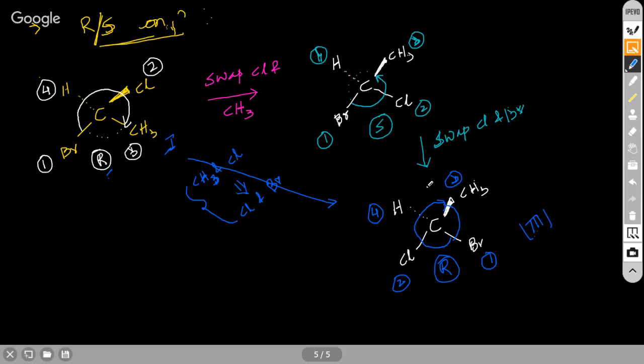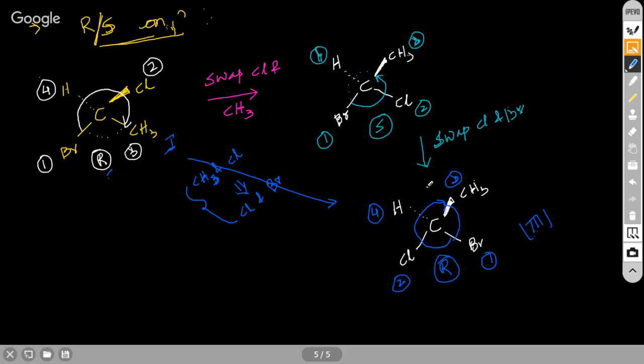Did you get this? Right? So write down this point. If you have an odd number of exchanges, the configuration changes from R to S or S to R. This is a very important point.